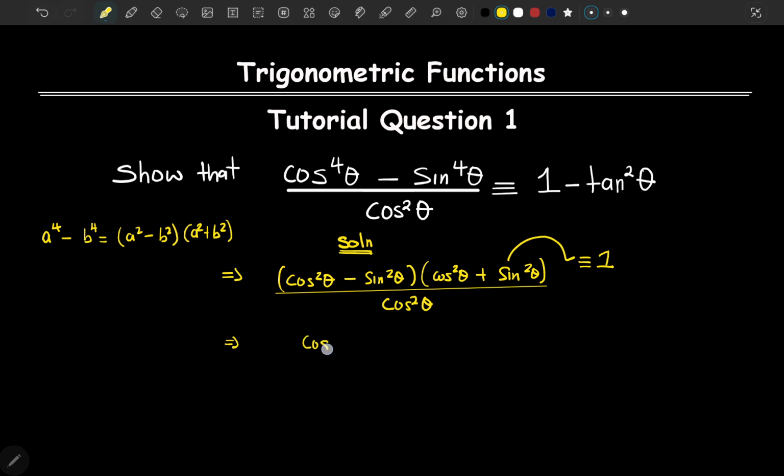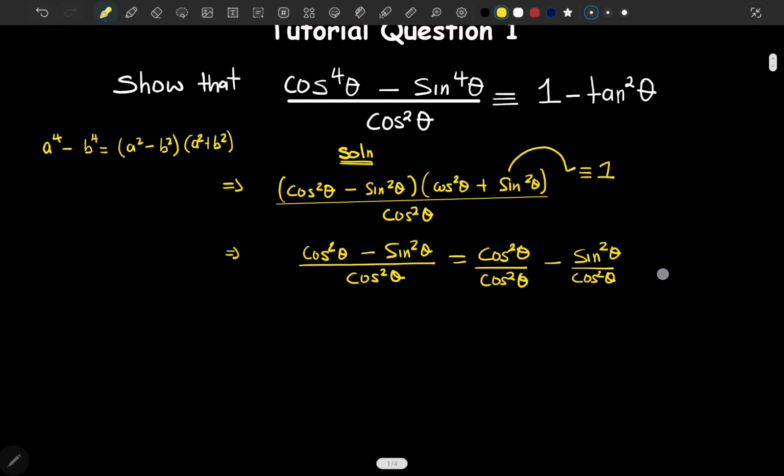With cos squared theta minus sine squared theta over cos squared theta. Since cos squared theta is dividing throughout, I can write this as cos squared theta minus sine squared theta over cos squared theta.